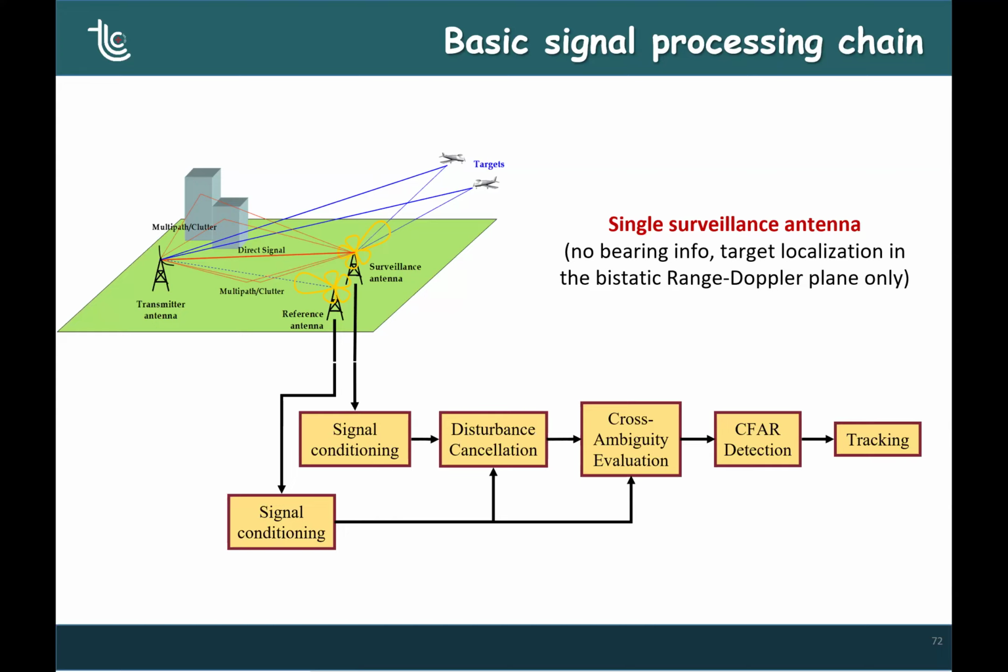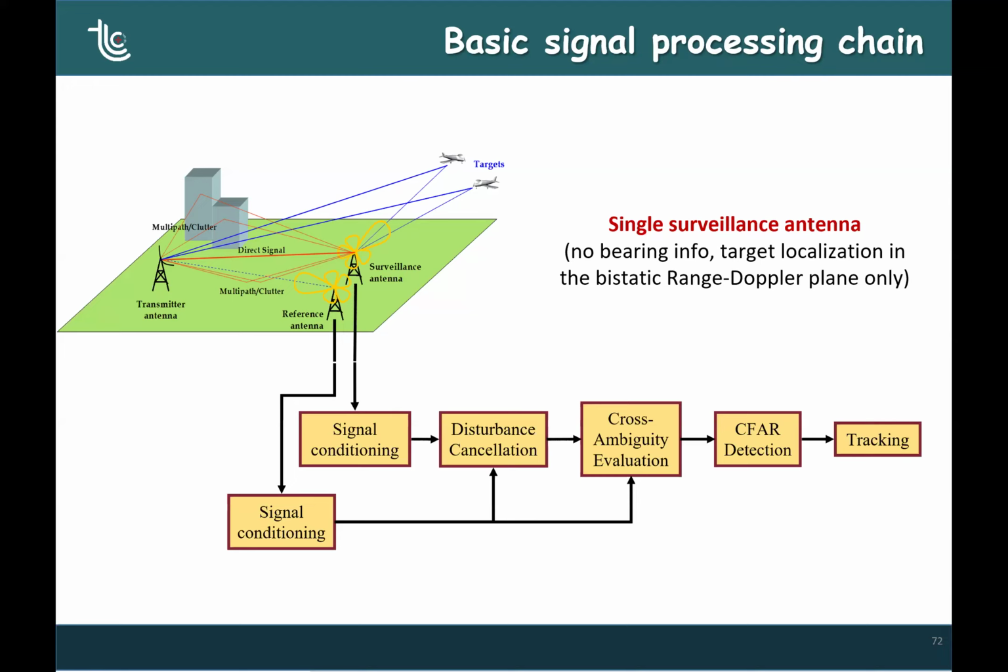We have seen also that some systems use multiple sources of opportunity at the same time, choosing the best signal. It is also possible that in the same area there are multiple transmitters, so multiple sources of opportunity with different geometries. So the system can at least avoid the bad geometries.